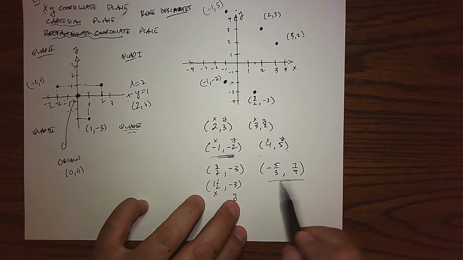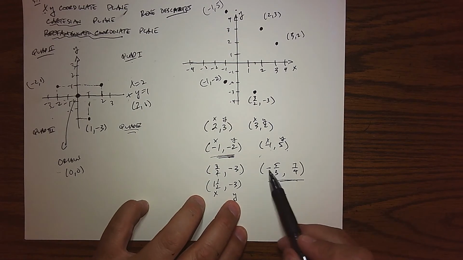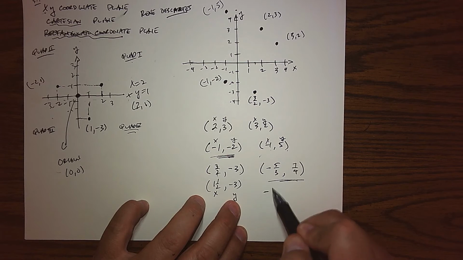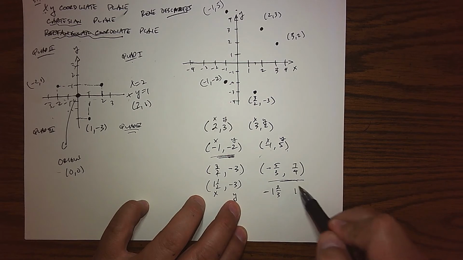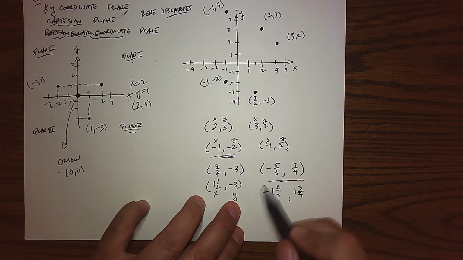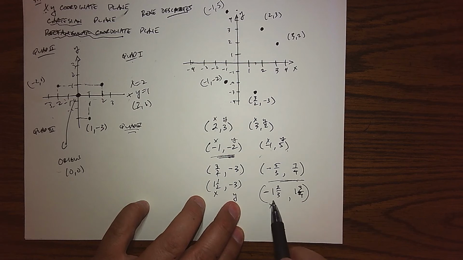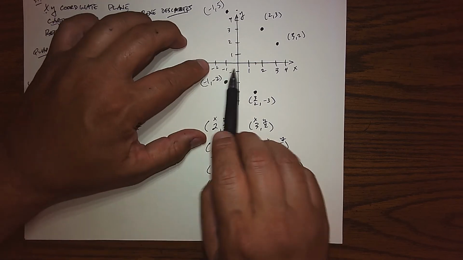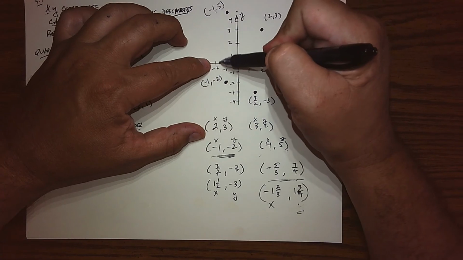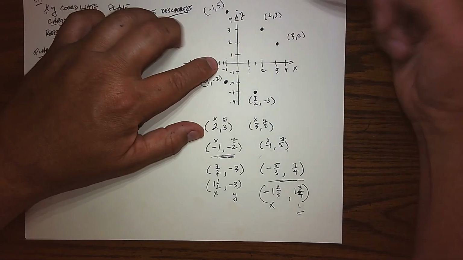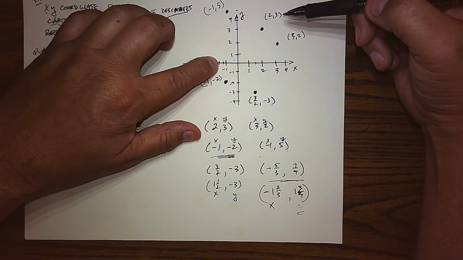As a matter of fact, the next one's on steroids. So -5/3, well, this is -1 2/3. 7/4, well, that's 1 3/4. So this is telling me my x value is at -1 2/3, and my y value is 1 3/4. So where is this point? Well, along the x-axis, I'm going to go 1, and then if I divvy up the next part into thirds, we're at about -1 2/3.